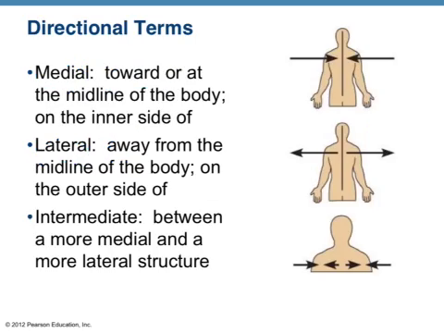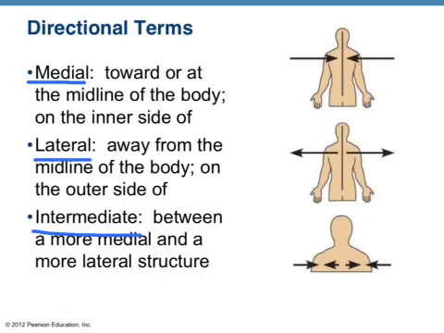With these three terms, the first two of them are probably more common, medial and lateral, but we do have a third one, which means in between, which is intermediate. But medial means toward the midline of the body, and lateral means away from that midline.